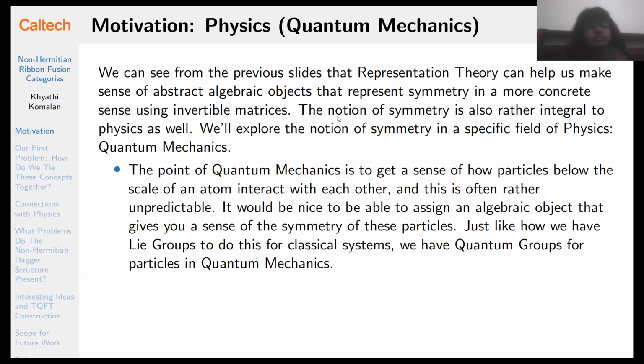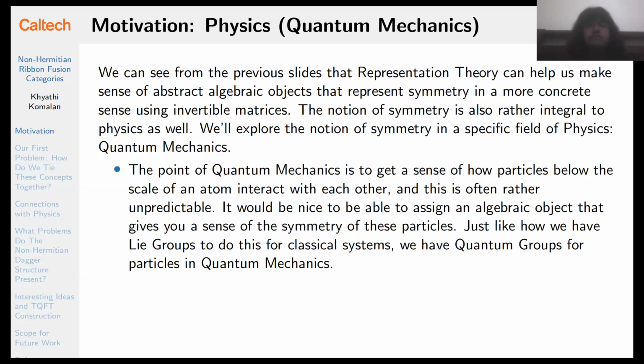And then the motivation from the other side, physics, is mostly related to quantum mechanics. We can clearly see from the previous slides that representation theory is about this kind of de-abstraction, and also about this notion of symmetry that it's helping you understand. The notion of symmetry is also rather relevant in physics, especially in quantum mechanics.